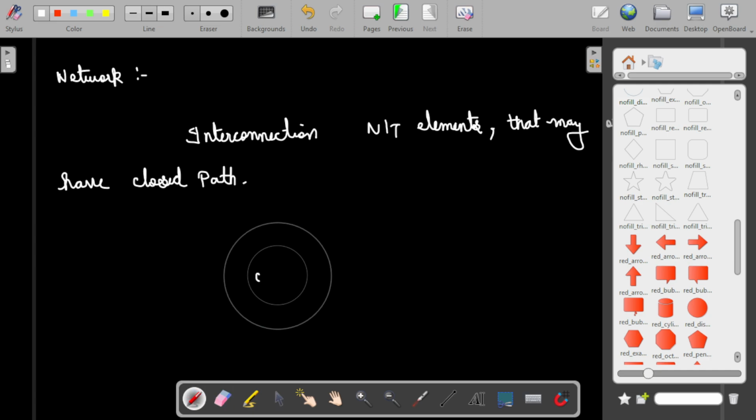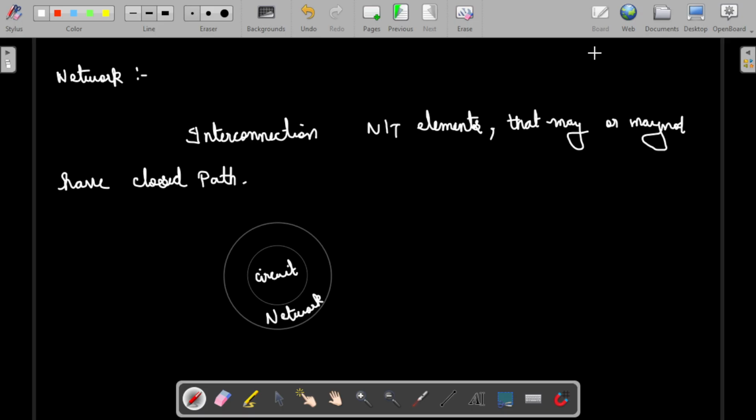This one we can call a circuit, because a circuit needs to have a closed path. This one can be called a network, because here the circuit may be open or may be closed. That's why the circuit is a subset of network. So all circuits are networks, but all networks are not circuits. That is the conceptual relation between these things, so please make a note of it.